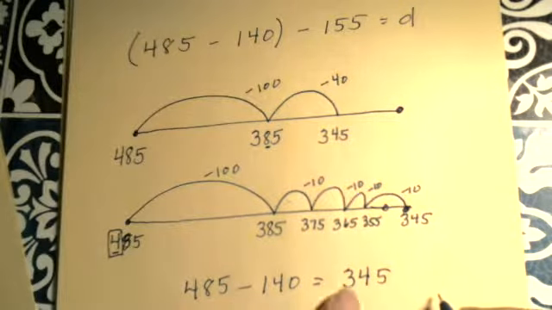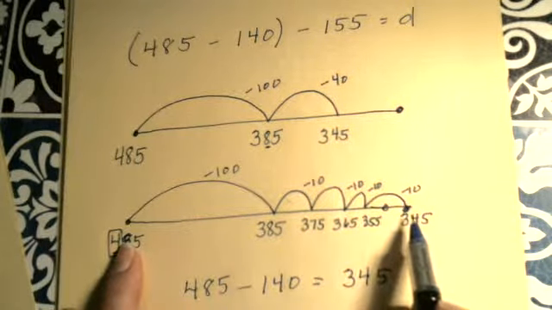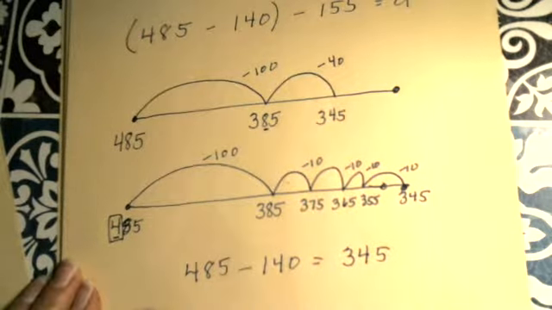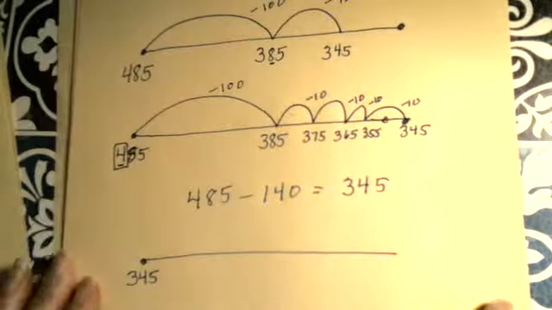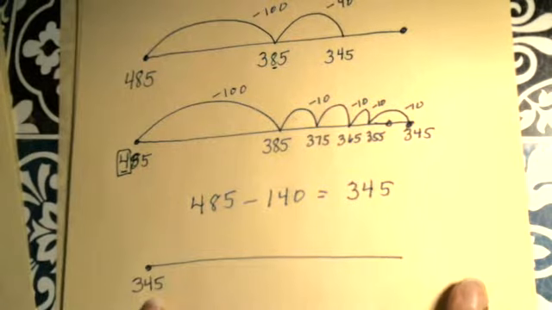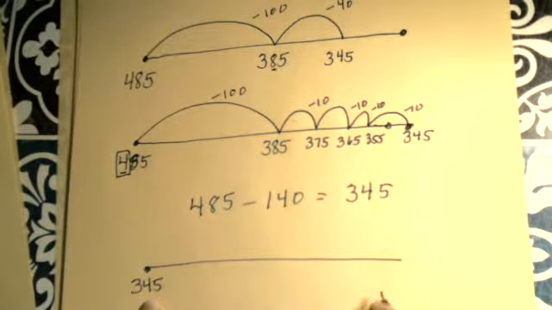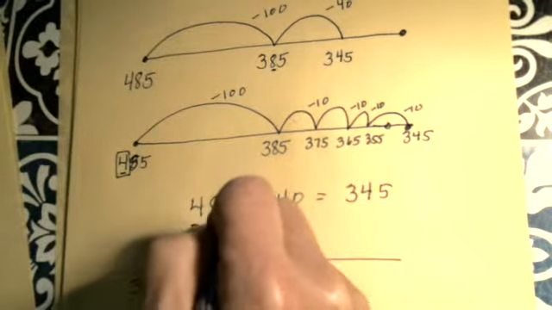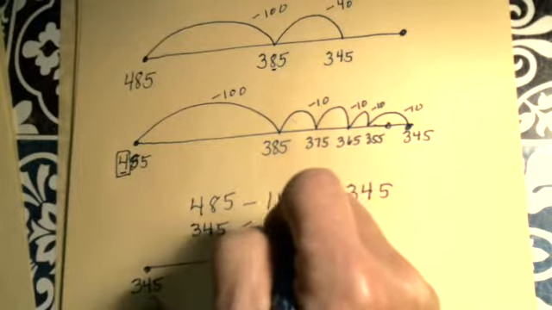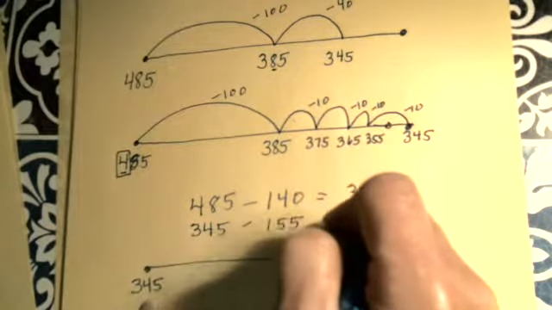So this part I just did on the number line. I'm at 345 now, and I have to take away 155.